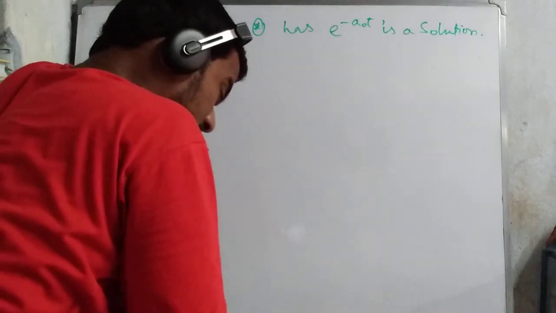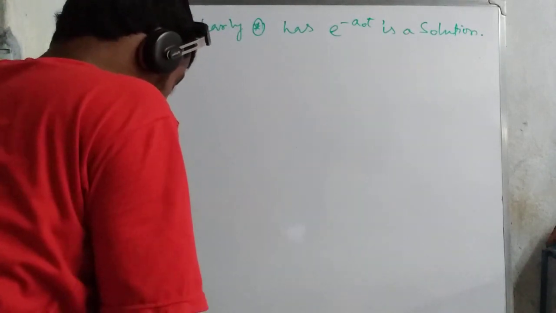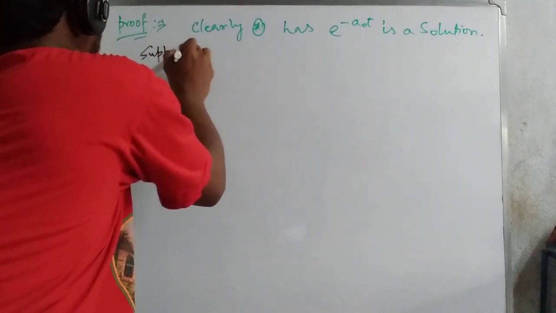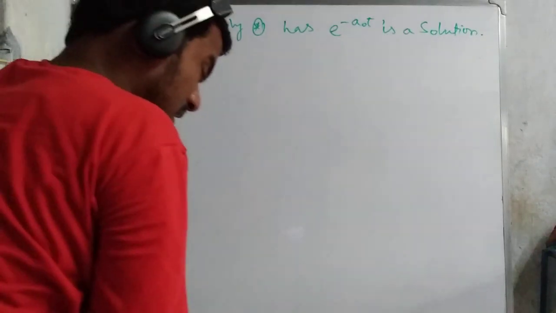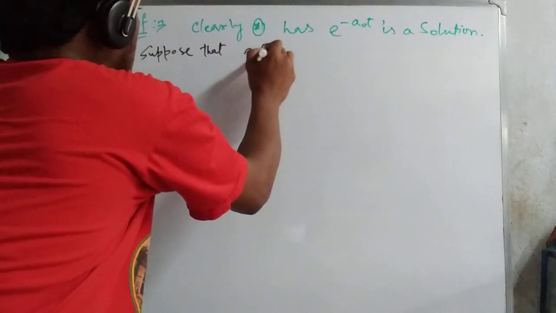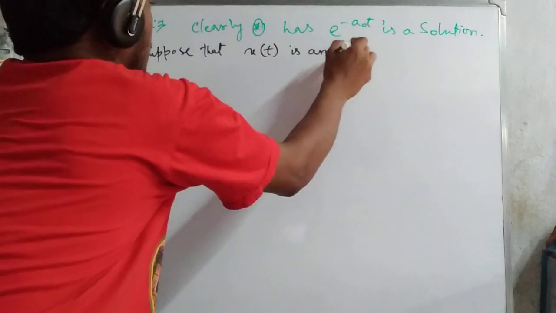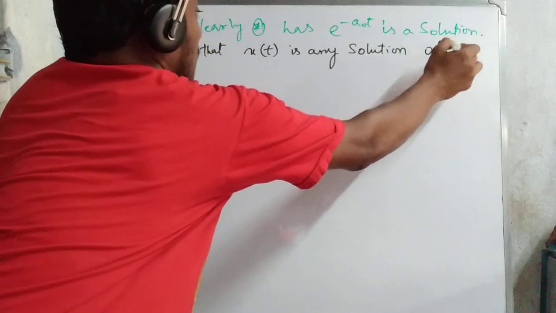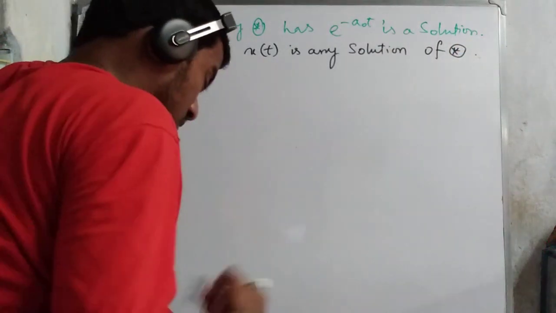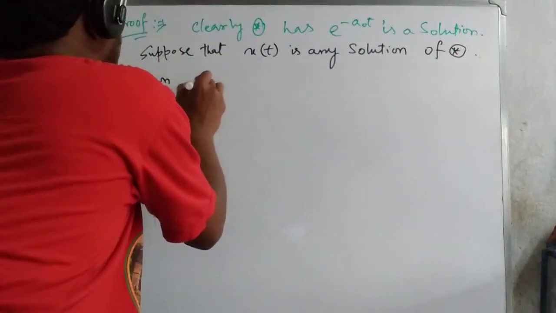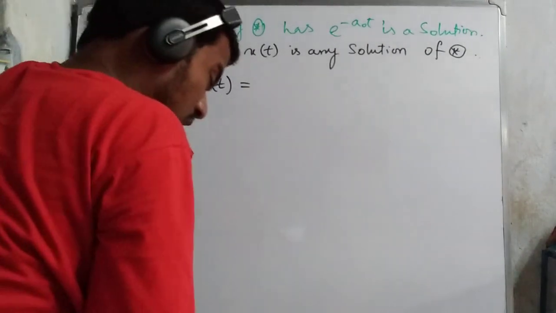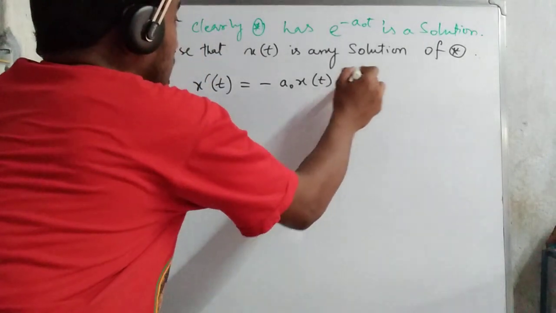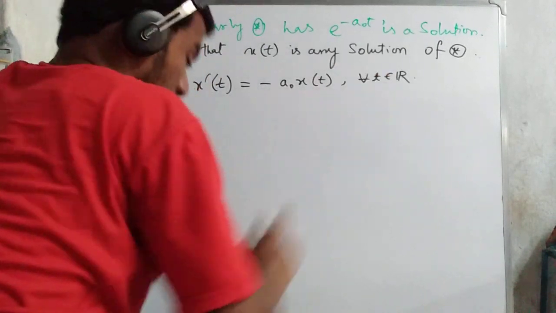Now we suppose that x(t) is any solution of star. Then what happens? Then x'(t) equals minus a0 x(t) for all t belonging to R. Understood?